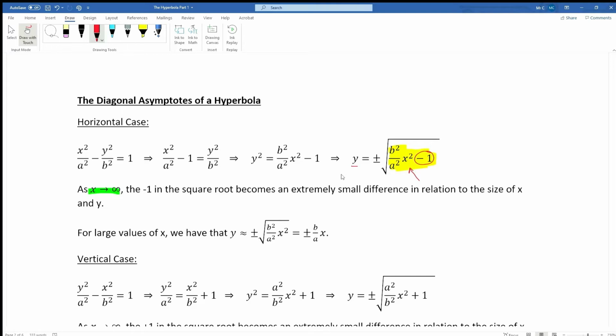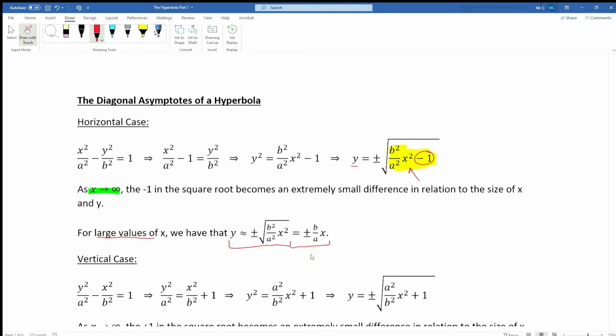So what we can say is for large values of x, y is approximately plus or minus the square root of b squared over a squared times x squared. In other words, y is approximately plus or minus b over a times x.